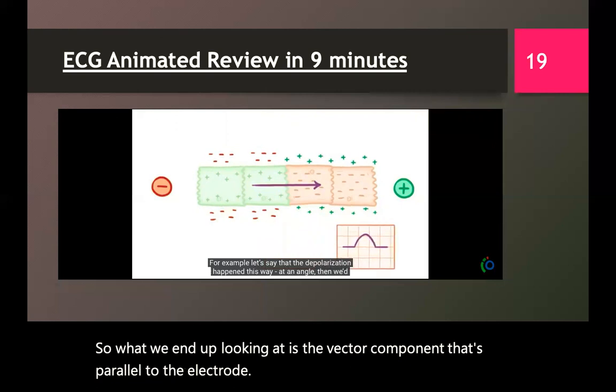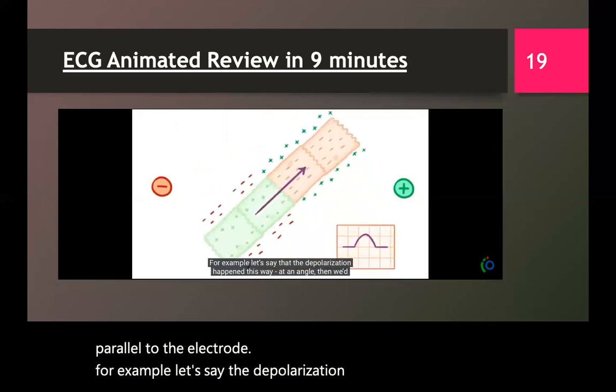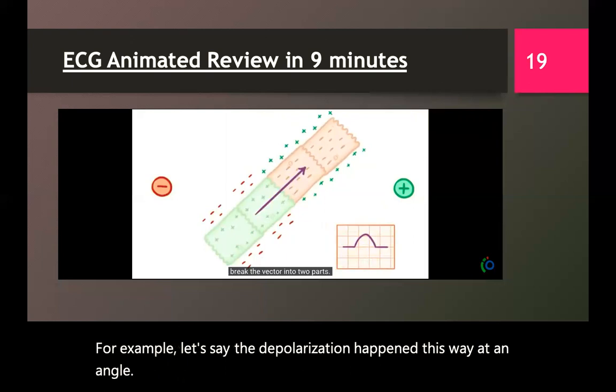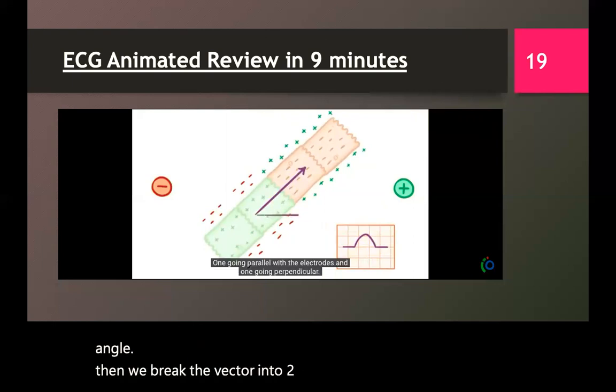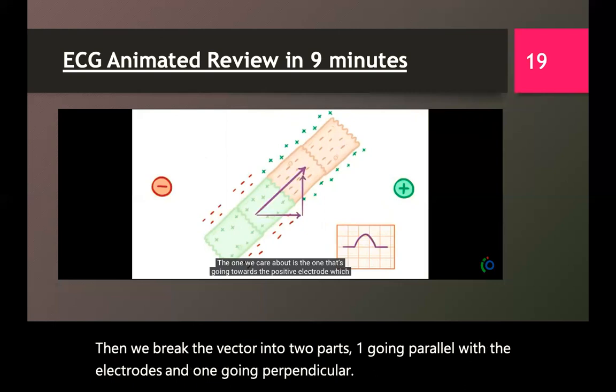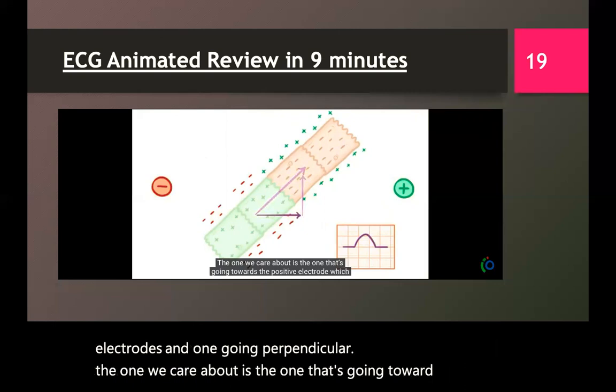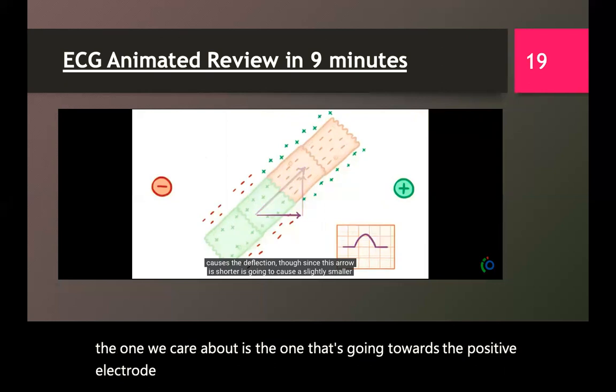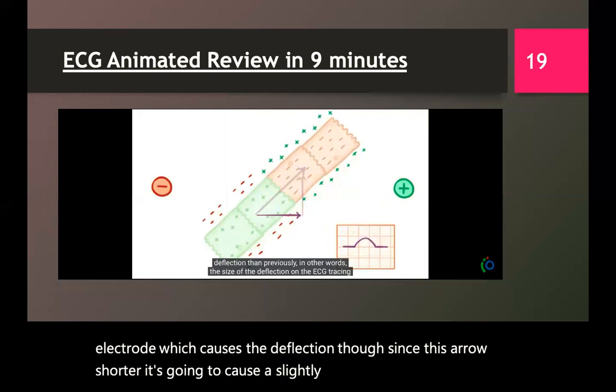For example, let's say the depolarization happened this way, at an angle. Then we'd break the vector into two parts, one going parallel with the electrodes and one going perpendicular. The one we care about is the one that's going toward the positive electrode, which causes the deflection. Though since this arrow is shorter, it's going to cause a slightly smaller deflection than previously.